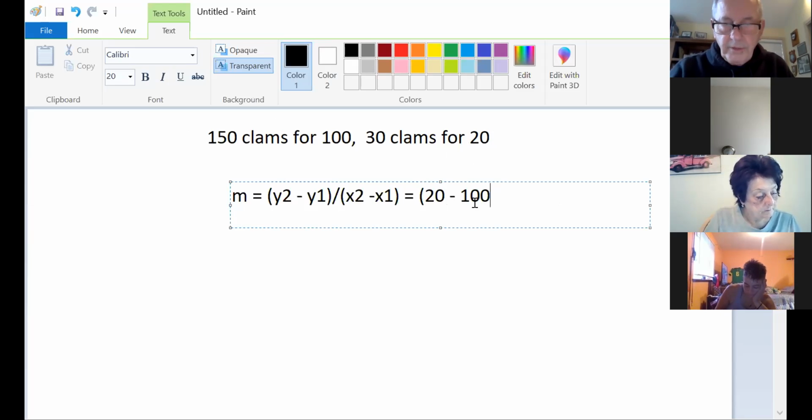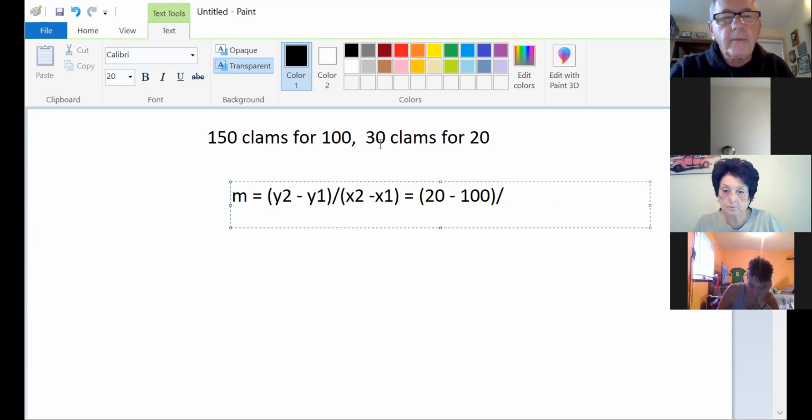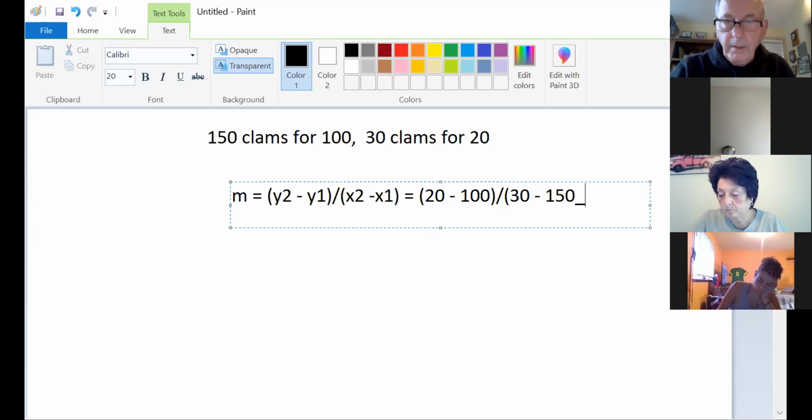Just showing you can do these any way. There's a number of ways of doing this stuff. Divided by 20 minus 100, 30 minus 150. See here, we've got negative numbers, but that's okay.